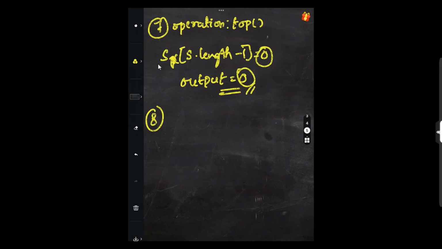So I'll just come here. Operation, get min here. This is fine. We are just returning the top of the minimum stack. For get minimum, we are returning the top of the minimum stack here.